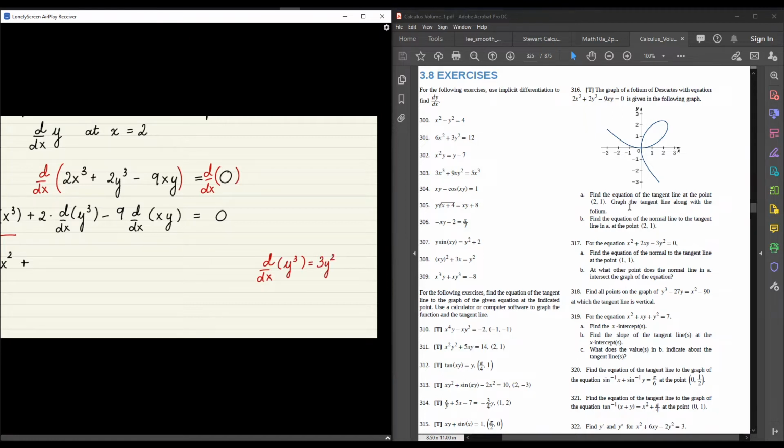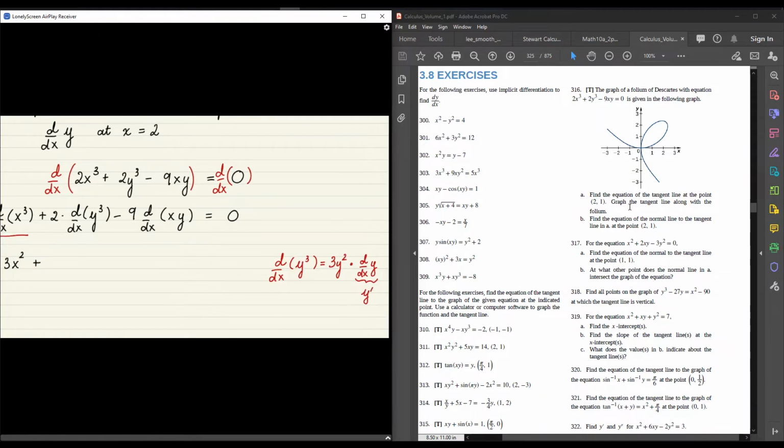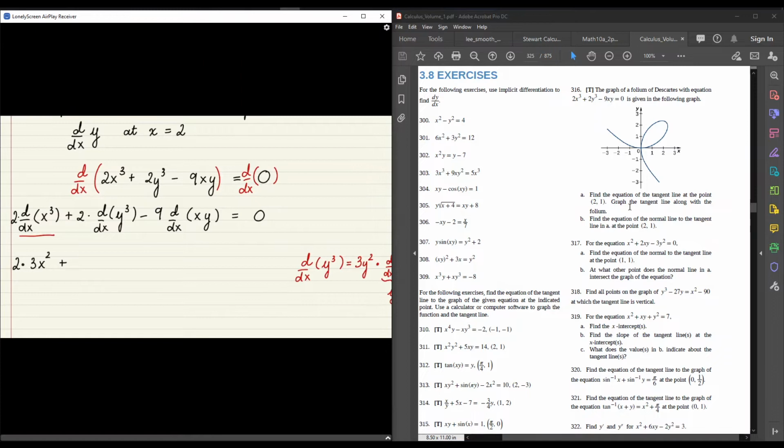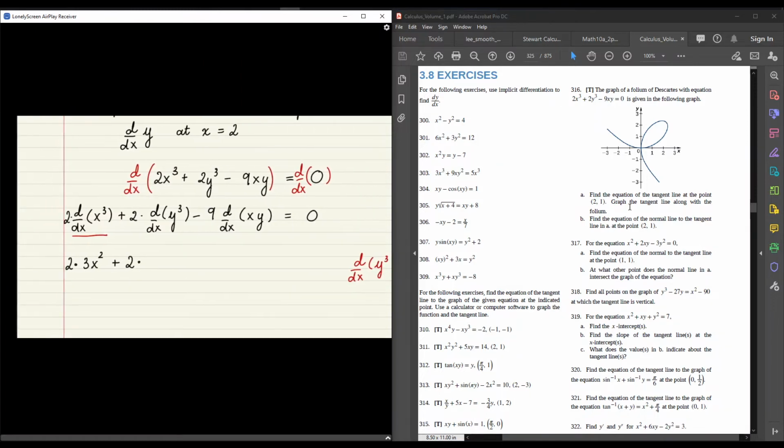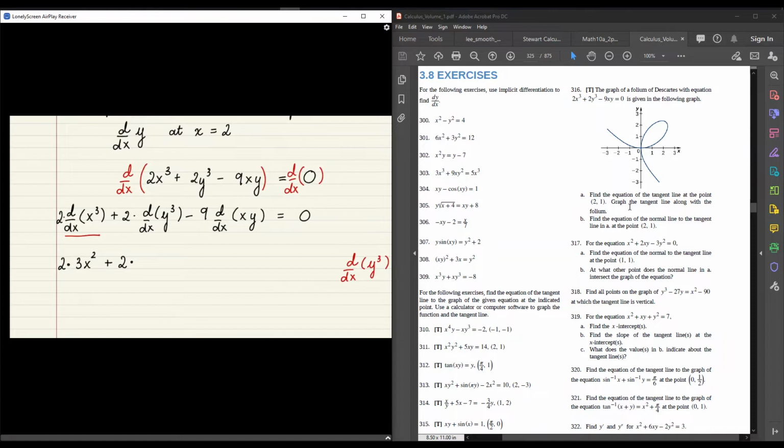I apply the power rule on the function y cubed, but then I will also have to multiply that by the derivative of the inside function, which is y, and the derivative of that will be just d/dx of y. Well, we can also write this as y prime to save some space. So then this will be equal to 2 times the quantity 3y squared times y prime.